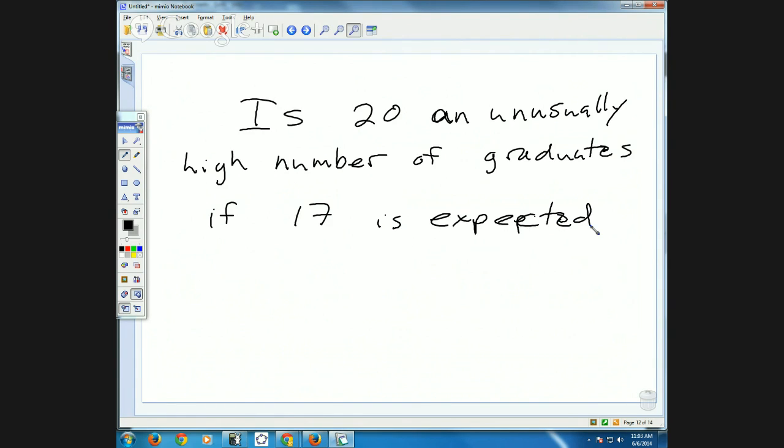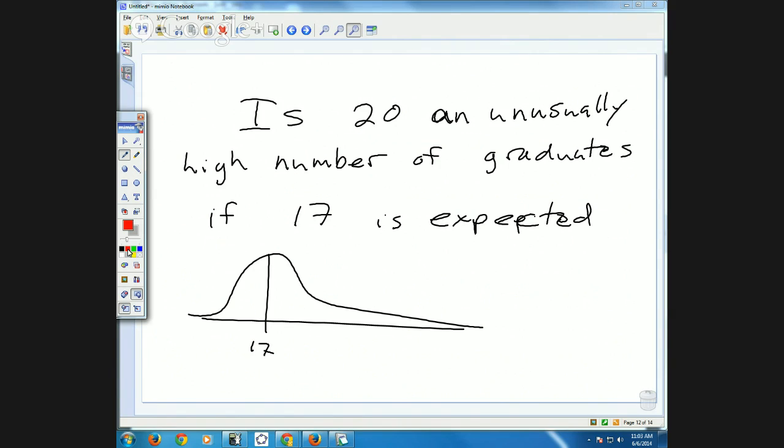So whenever we're talking about unusual events, we have to explore a tail. So my distribution might look something like this here with a long right tail. I'm expecting to have 17. I found 20. So I need to find the right tail on this point since 20 is above the mean.